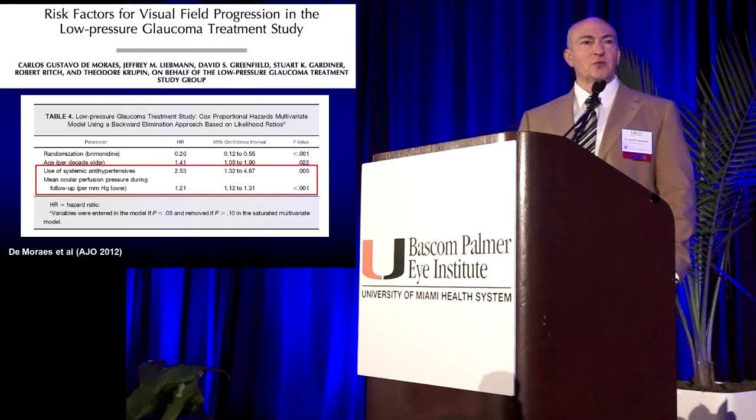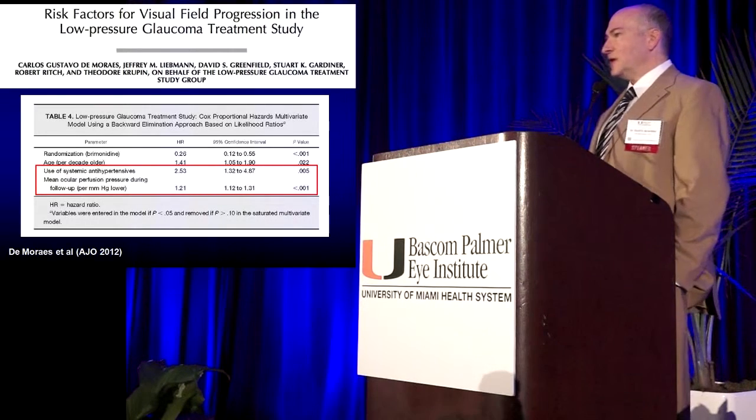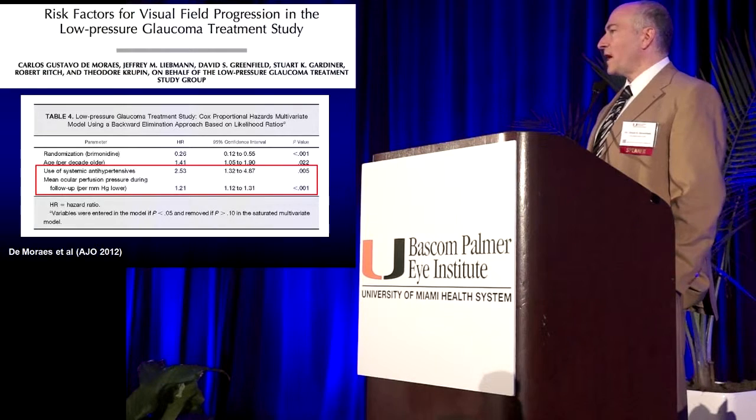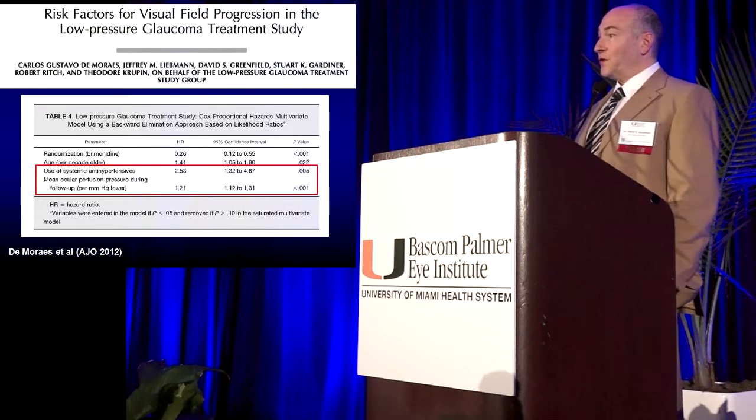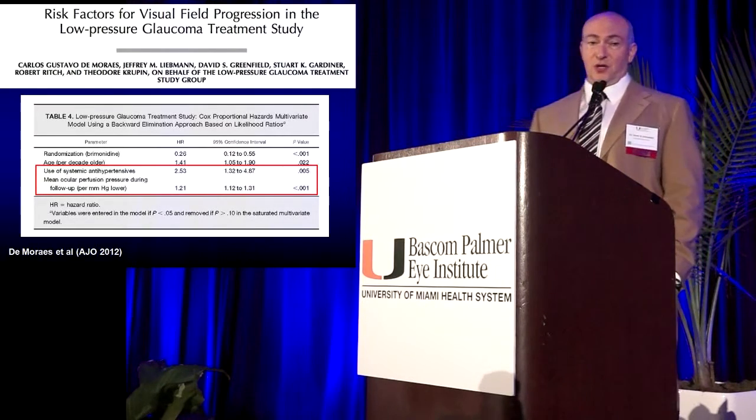This is data I shared with you earlier showing that low mean ocular perfusion pressure in patients with normal tension glaucoma turned out to be a very meaningful risk factor for visual field progression, and intraocular pressure was not.